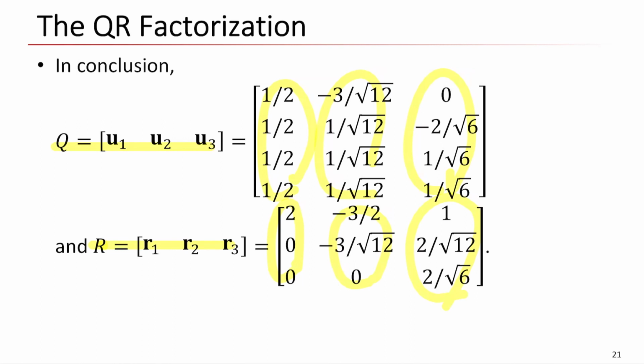Okay. So this is the QR factorization. We can decompose matrix A onto Q and R. Okay. So this is the QR factorization.